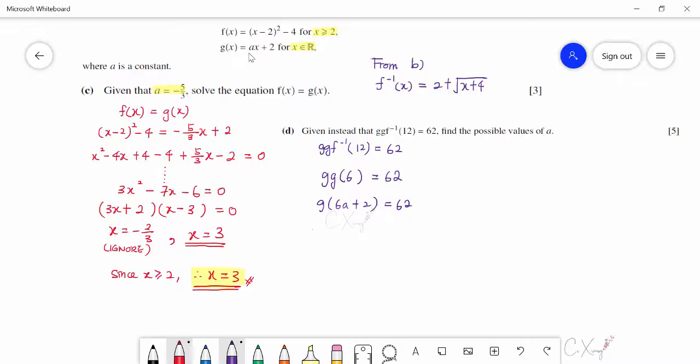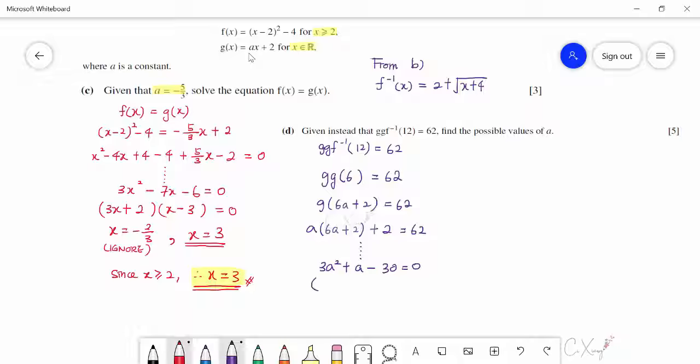So you are having a times (6a plus 2), this is the x, then plus 2 equals 62. All right, if you expand everything and group everything to one side, eventually you will get a quadratic equation in terms of a. So you're having 3a squared plus a minus 30 equals 0.